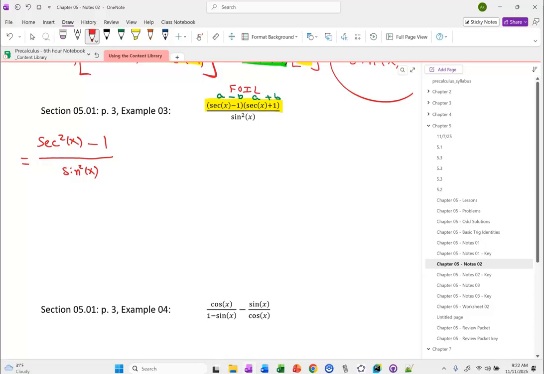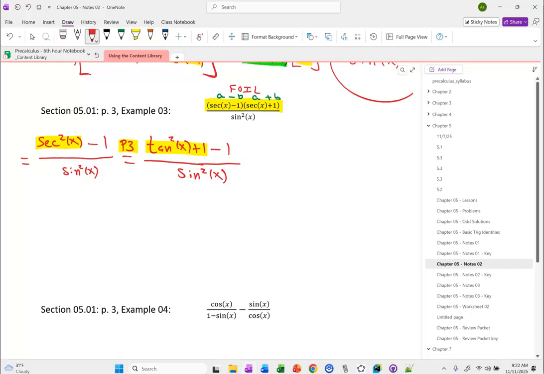What does P3 say? Secant squared x is equal to tan squared x plus 1. In a way, this feels like not a great move because you're taking one thing and turning it into two.